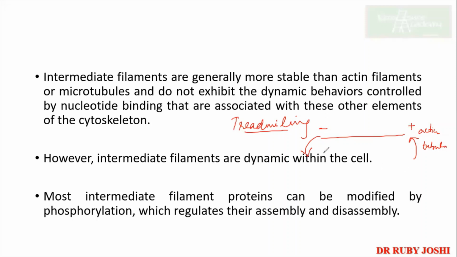So this was the dynamic instability of actin as well as microtubules, right? But this is not seen in the case of intermediate filaments. So that's what we say, that they are more stable and do not exhibit the dynamic behaviors which are controlled by nucleotide binding. If you remember, in actin we bound ATP, in tubulin we bound GTP. Okay.